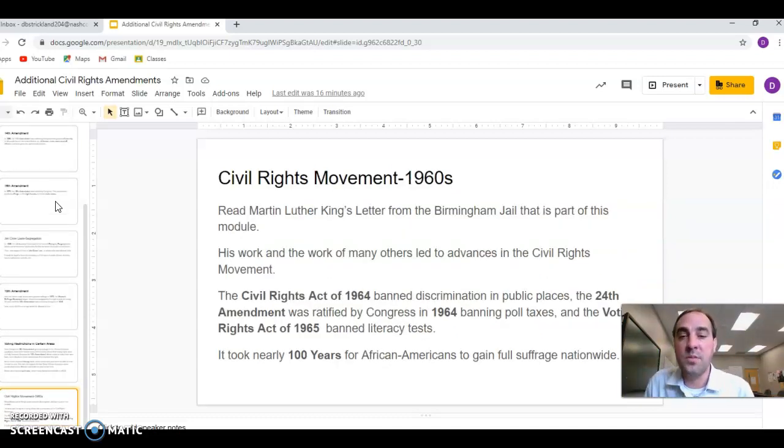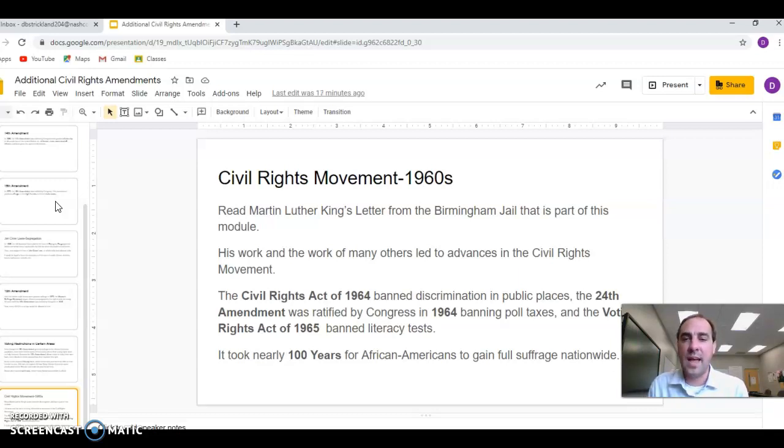Now we're going to move up to the 1960s, okay? The 1960s is when we see the rise of the civil rights movement, the movement to gain voting rights for the people of color. What I would like for everybody to do is this. Part of this module has a little assignment that says Martin Luther King's letter from the Birmingham jail.